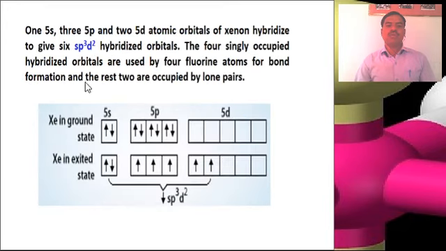One 5s, three 5p and two 5d atomic orbitals of xenon hybridize to give sp3d2 hybridized orbitals. The four singly occupied hybridized orbitals are used by four fluorine atoms for bond formation, and the rest of the two are occupied by lone pairs.